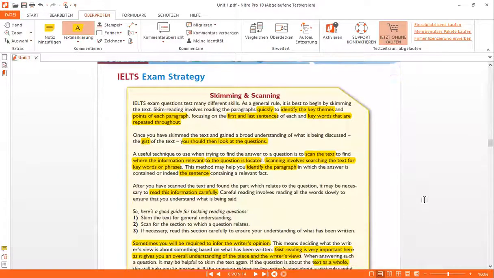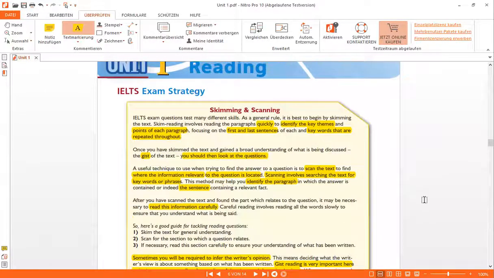Unfortunately, that is disadvantageous in two ways. First of all, you're limited by time, okay? So you're working under time pressure, and you don't have the time to first read the whole text. Trust me, skimming, as easy as it sounds, is not easy.